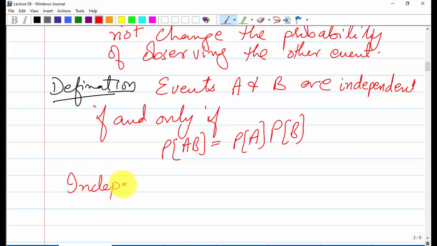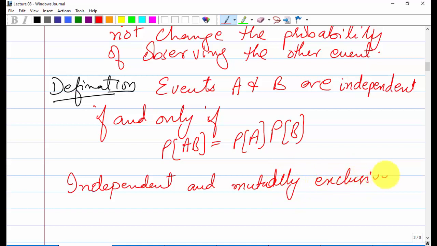So we must be very careful in using the terminology mutually exclusive and independent. Independent and mutually exclusive are not the same in probability.